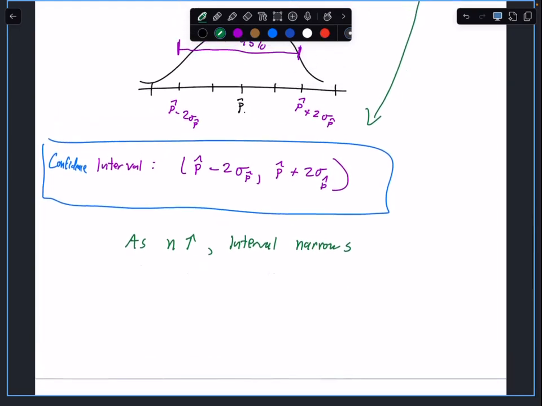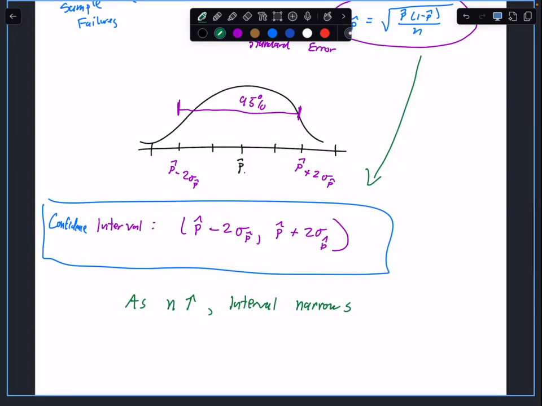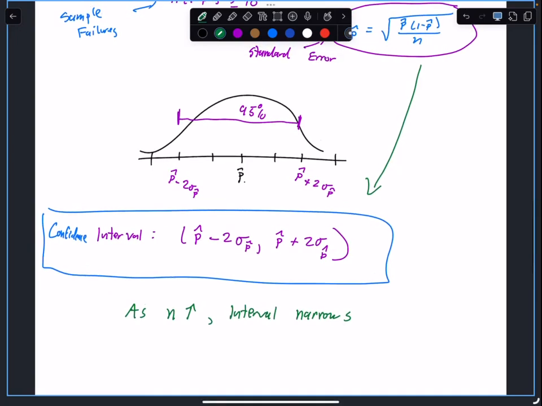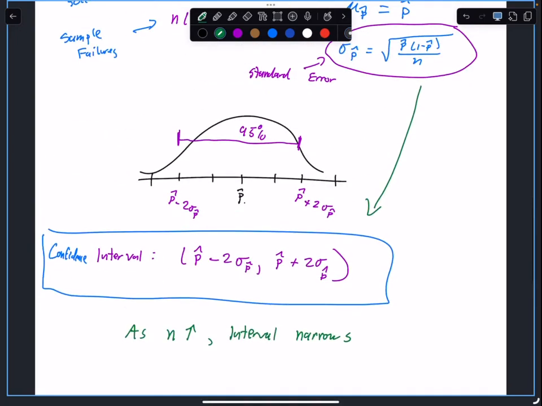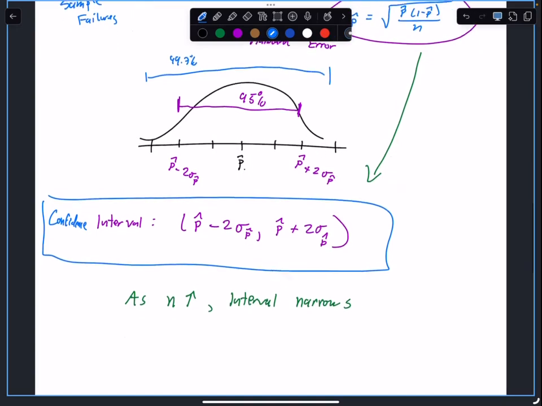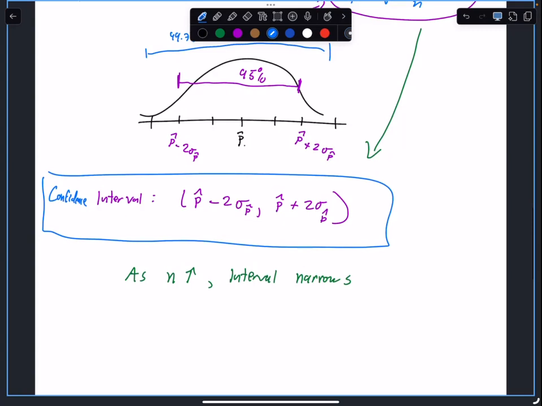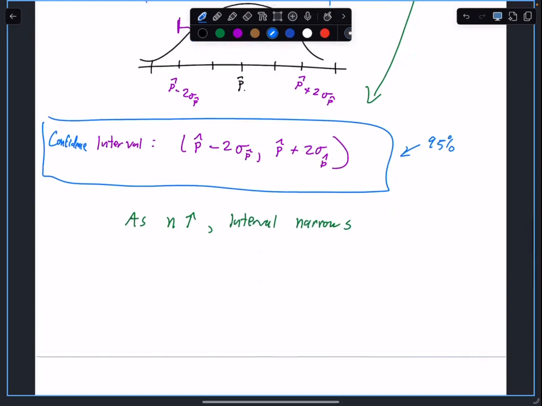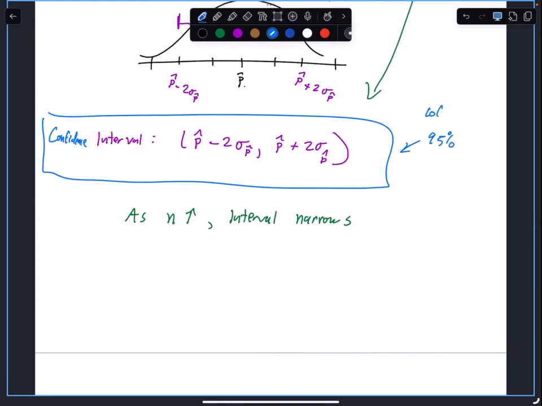Also, this is 95%. So if I was going to do a 99.7% interval, what do we notice about that interval? This 95% is called my confidence.